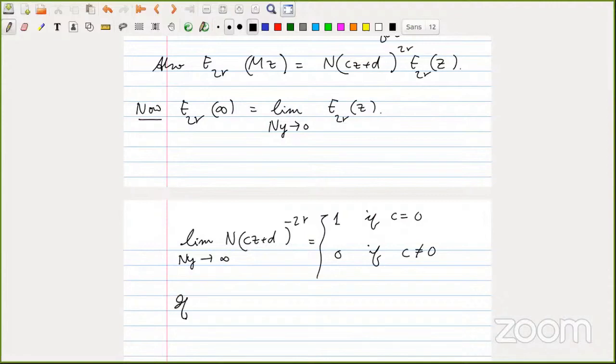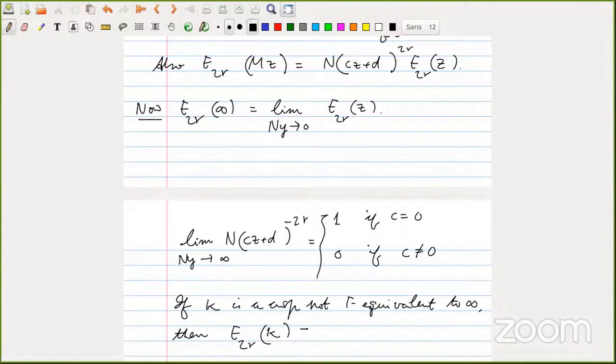If kappa is a cusp not Gamma-equivalent to infinity, then this is also a limiting argument, and E_r at kappa is 0.